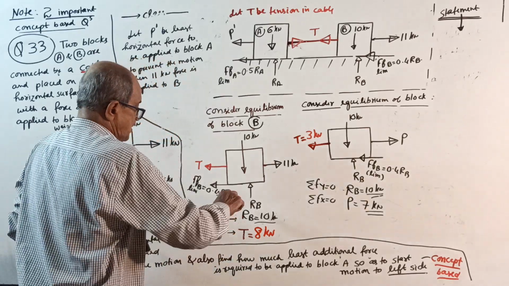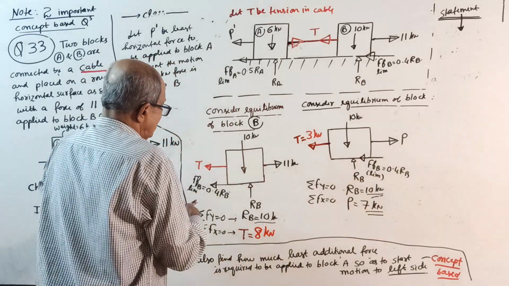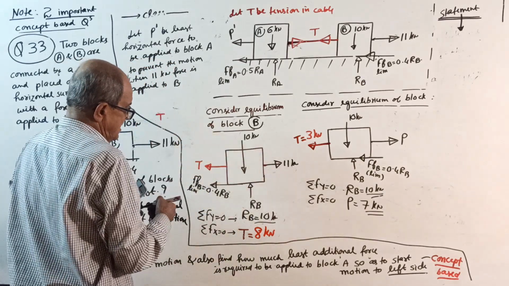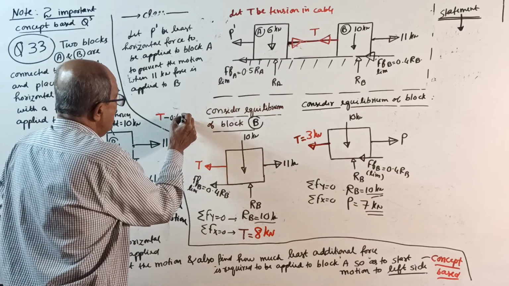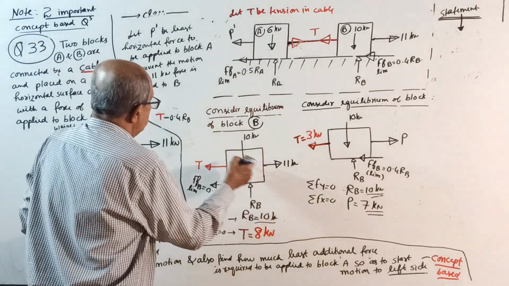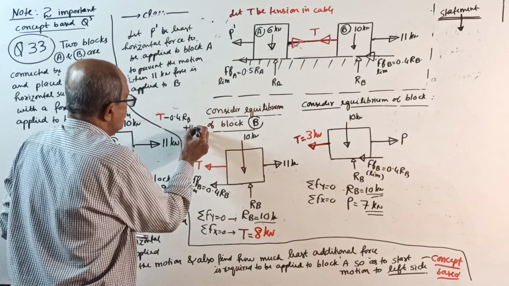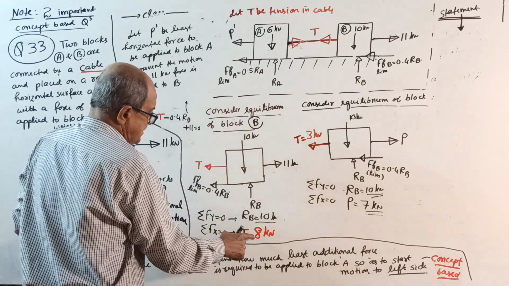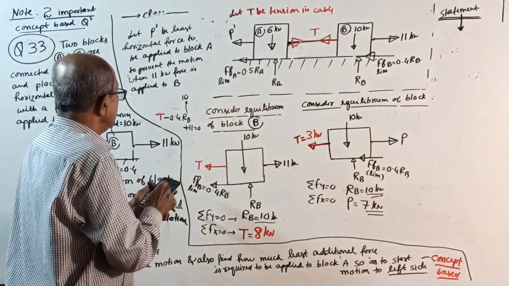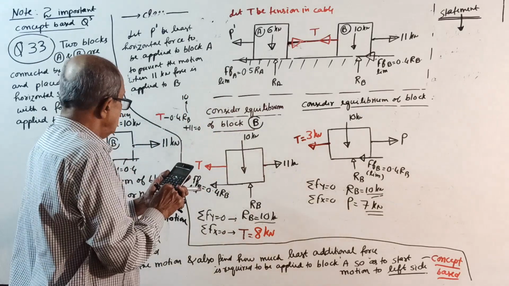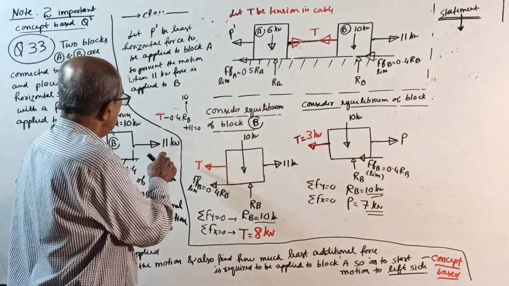Or, one minute here. What you write? Minus T, then minus 0.4 RB plus 11 equal to 0. Substitute RB equal to 10 kilonewton. When you substitute, T will become, what happened?